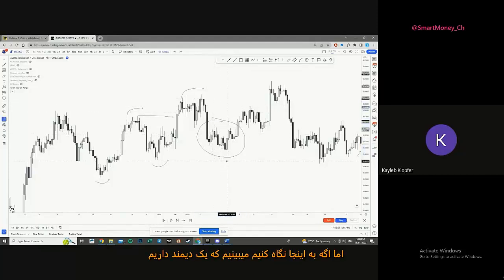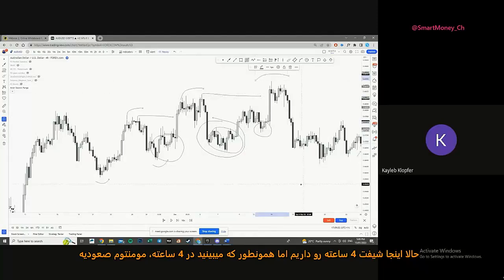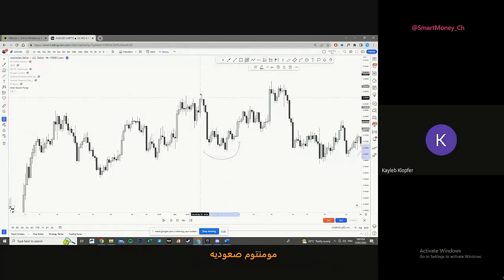We'll have a look at that in a sec. But looking here, we're seeing that demand is here, and we're respecting demand and moving up. Here we have a 4-hour shift. But essentially, on the 4-hour, you can see our momentum is up.